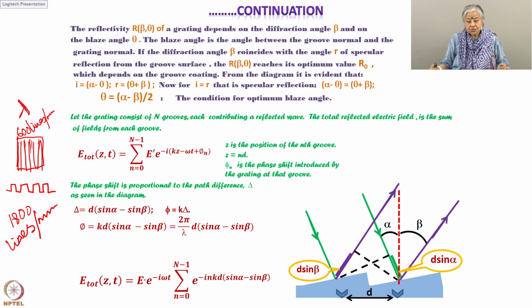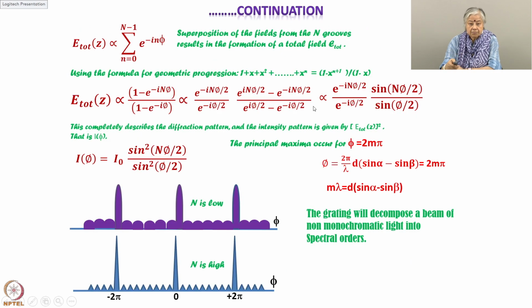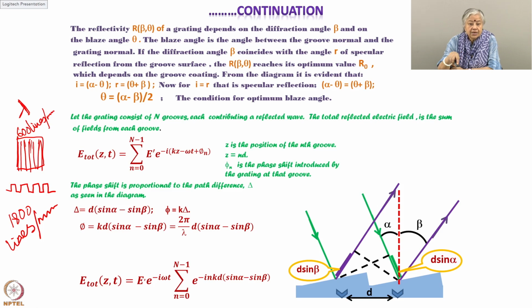So, let's study the grating equation a little bit more in detail. Let the grating consist of N grooves, each contributing a reflected wave. The total reflected electric field is the sum of the field from each groove. This is similar to an interference pattern.